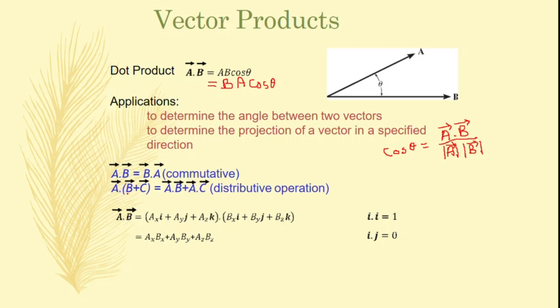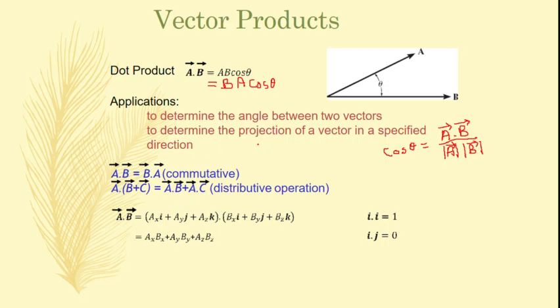And also the dot product is distributive, meaning we can write a vector dot with b vector plus c vector in this way: a vector dot b vector plus a vector dot c vector. That is why it is distributive. Okay, you have to remember these two things. Always you have to remember this.